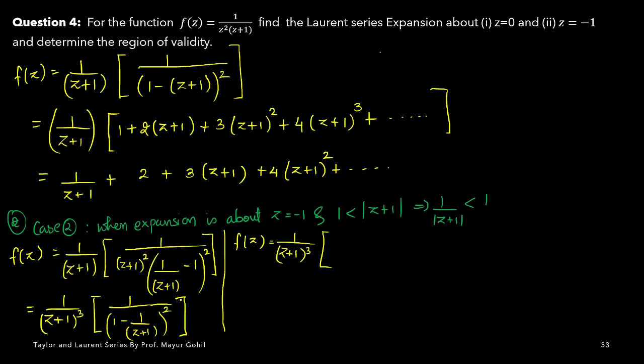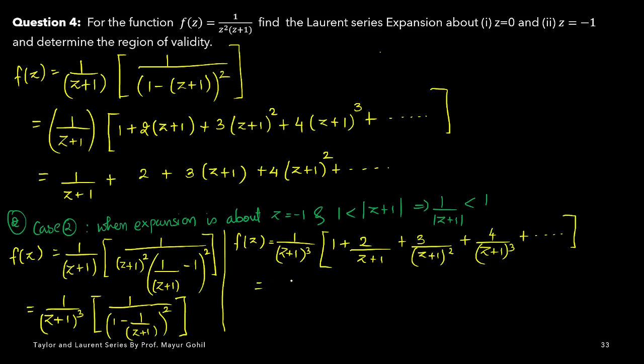Instead of z we have 1 upon z plus 1, so we will write here 1 plus 2 upon z plus 1, then 3 upon z plus 1 the whole square, then 4 upon z plus 1 the whole cube, plus and so on. This is how it goes on, and you now multiply them inside this 1 upon z plus 1 the whole cube.